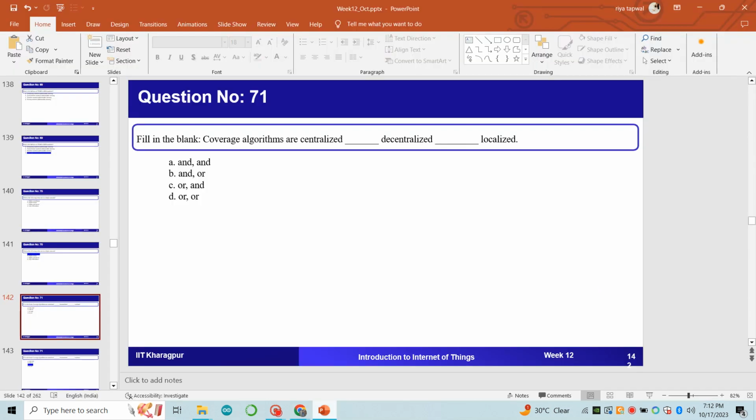So coverage algorithms are centralized or decentralized and localized. Option C is correct because algorithms can either be centralized or decentralized and localized.